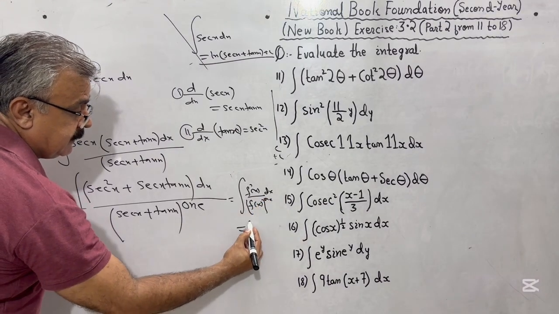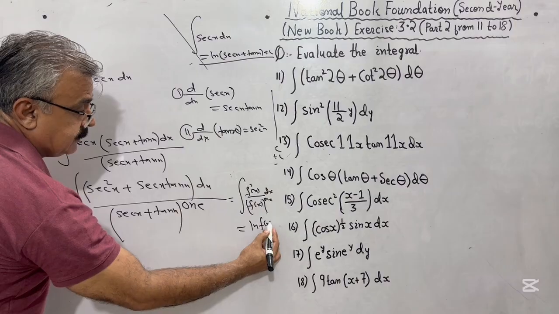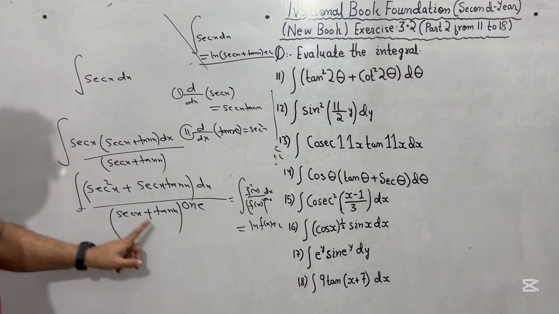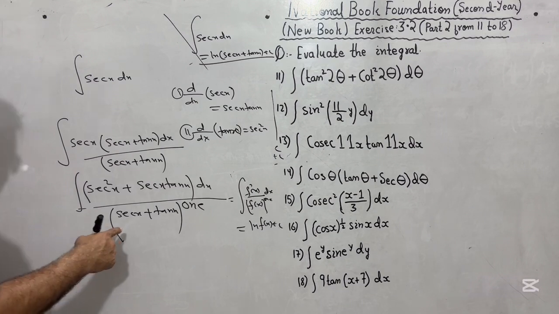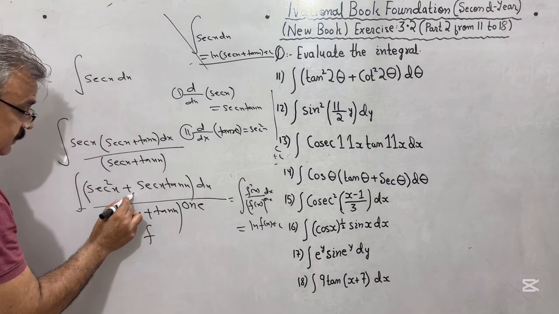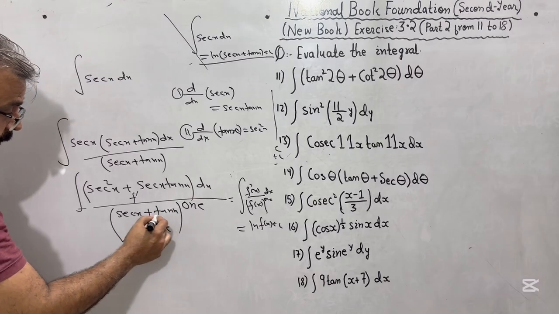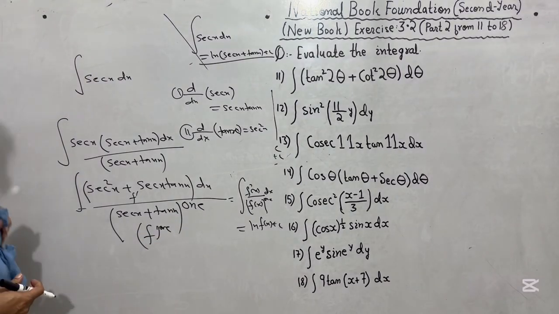Differentiation in the numerator, function in the denominator, having overall power 1. Its integration is ln of the function in the denominator. Here the same situation prevails. This is our function, this is our derivative, and the function has overall power 1, as I mentioned several times.